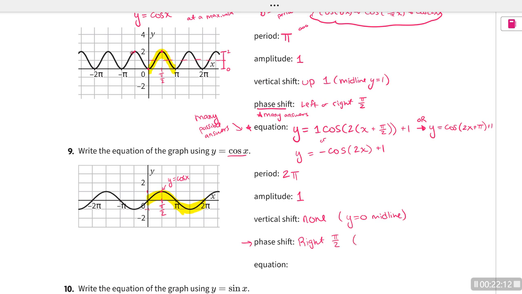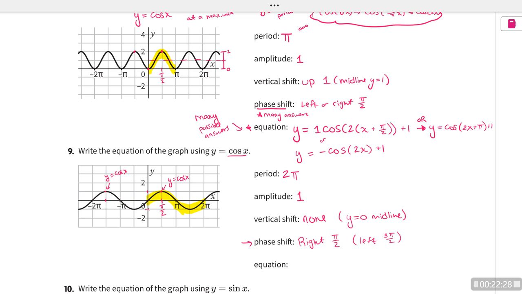But you could also say left 3 pi over 2, because that is another spot where we're at a maximum.